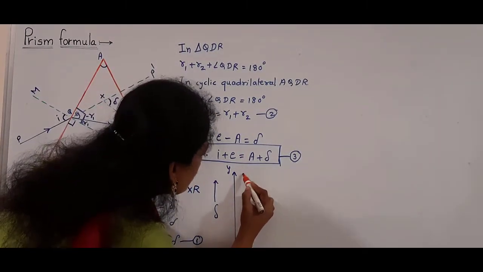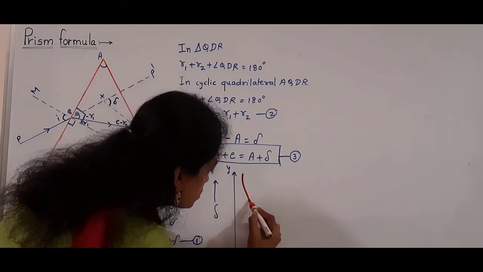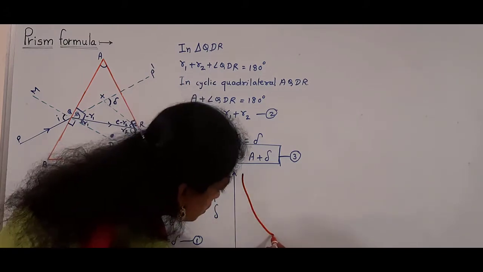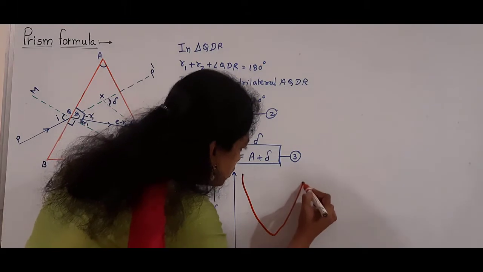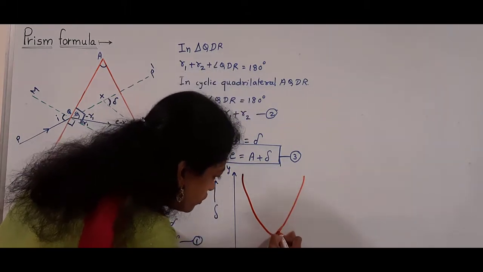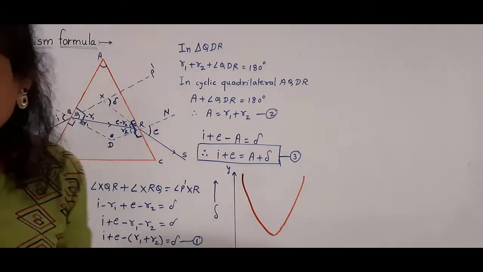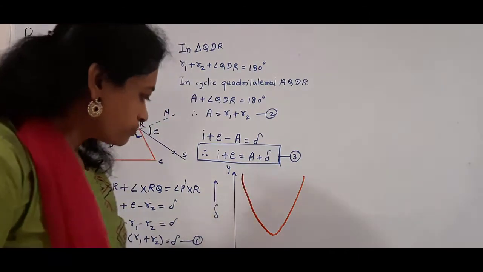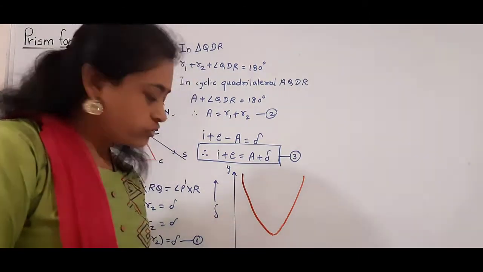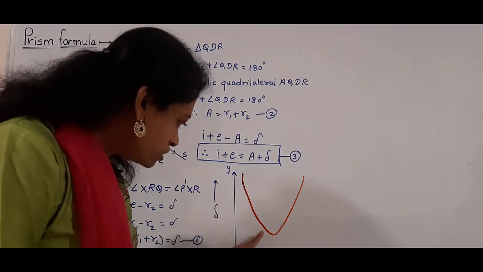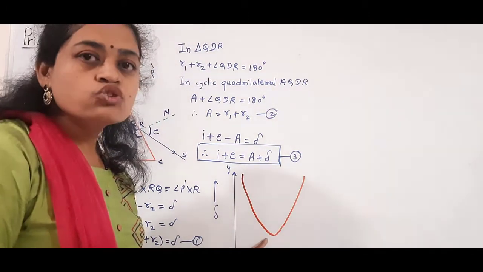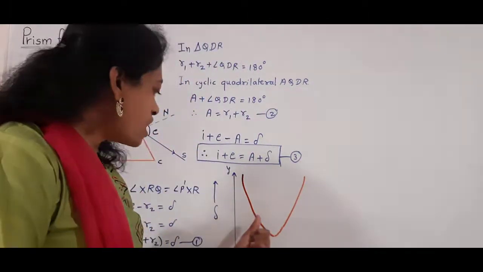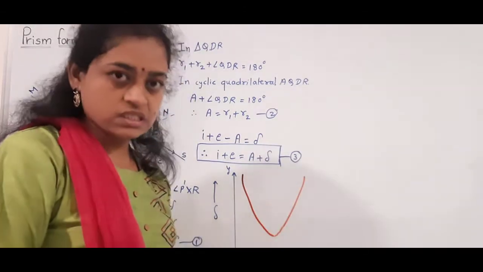See here, as we go on increasing the angle of incidence, the angle of deviation goes on decreasing, and again as we go on increasing the angle of incidence, the angle of deviation goes on increasing. It reaches a minimum value, and again increases.